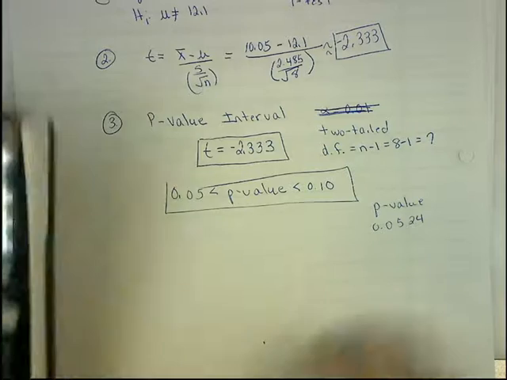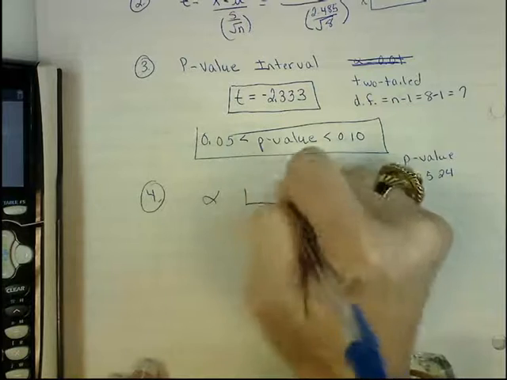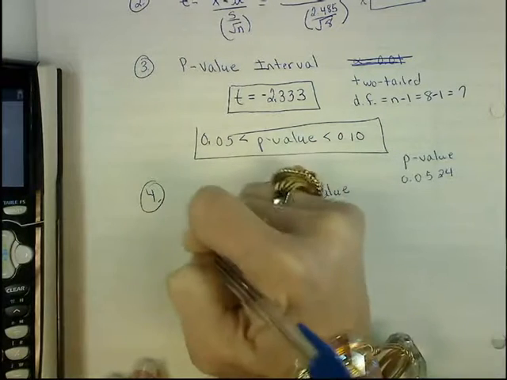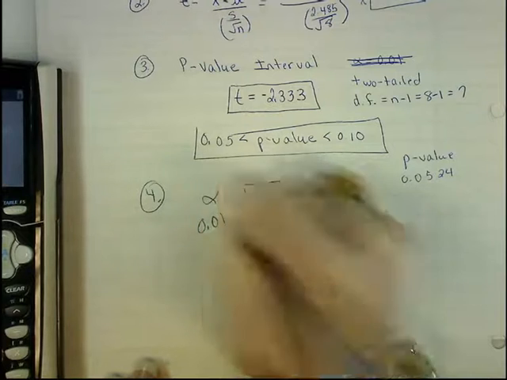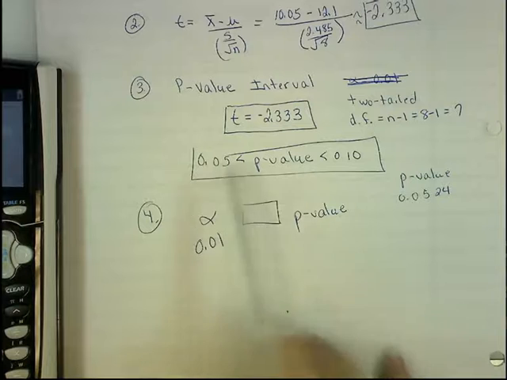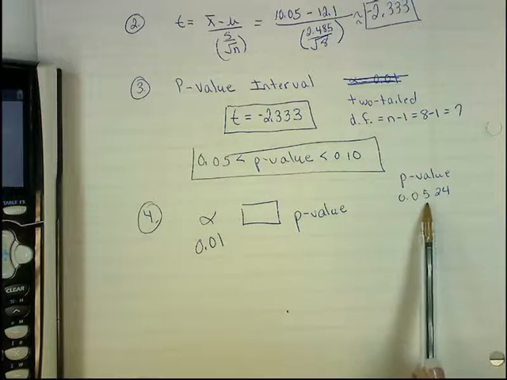Now, decision time. Alpha compared to any possible p-value, and you could use the specific p-value if that helps. Alpha was given to be 0.01, but our p-value is between 0.05 and 0.1. Or you could use the calculator p-value.